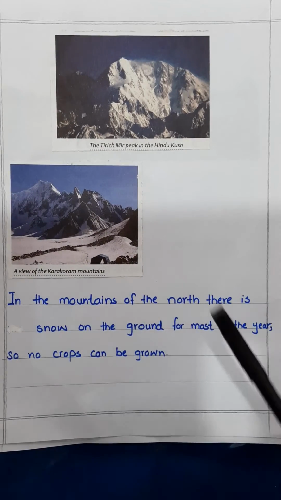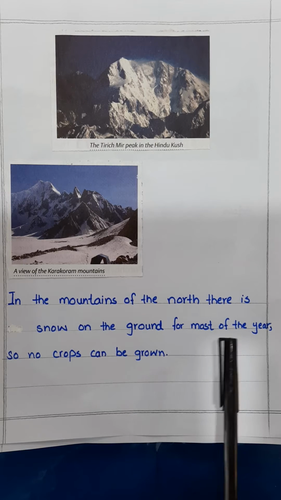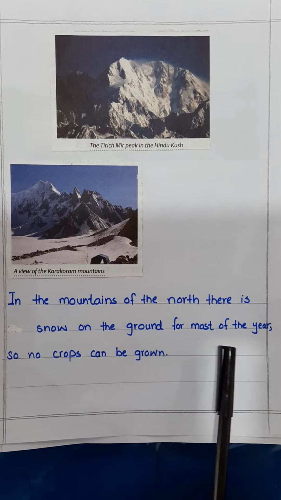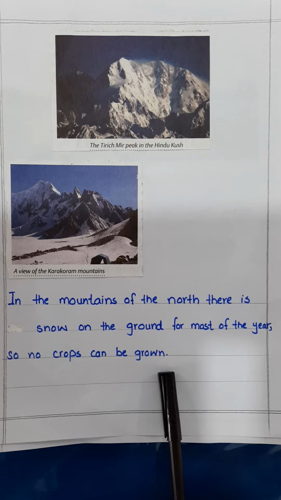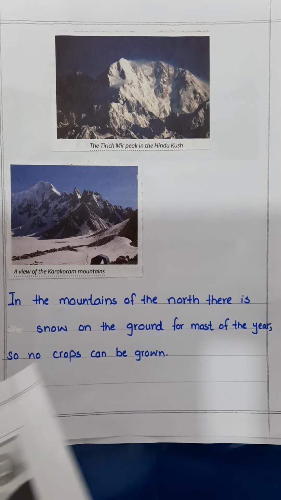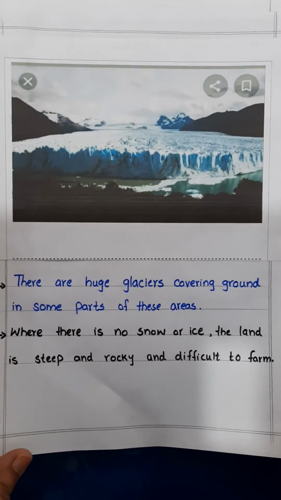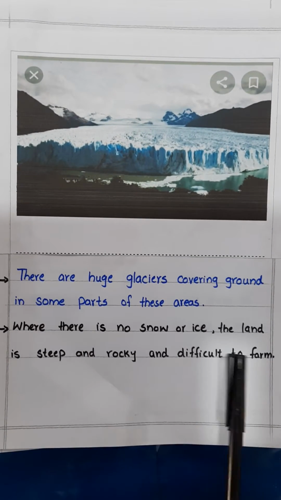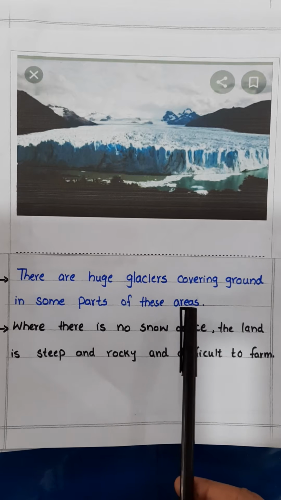In the mountains of the north, there is snow on the ground for most of the year, so no crops can be grown. There are huge glaciers covering the ground in some parts of these areas.